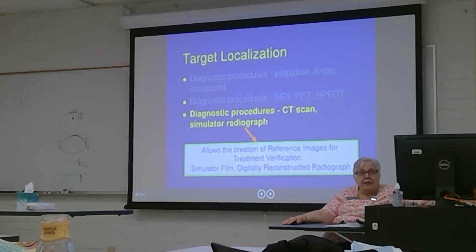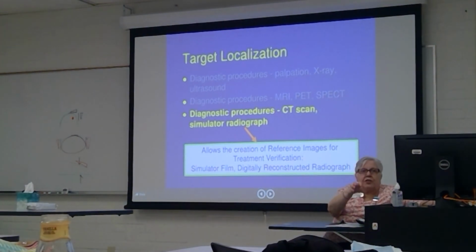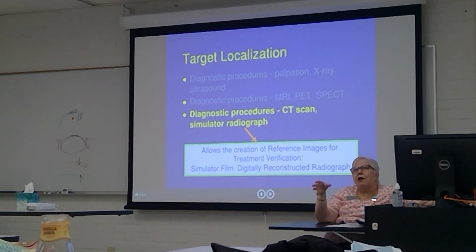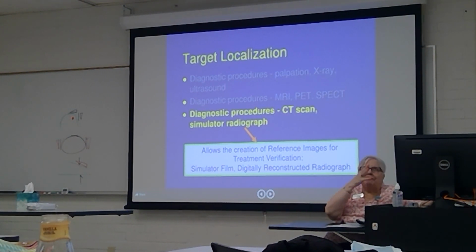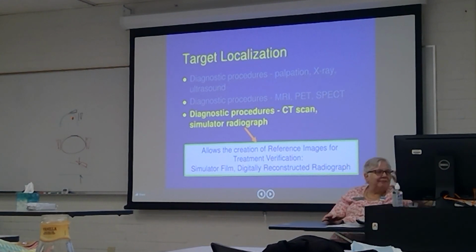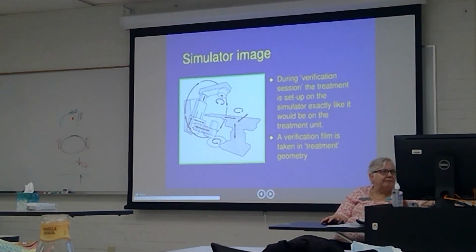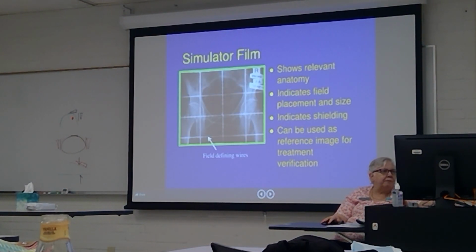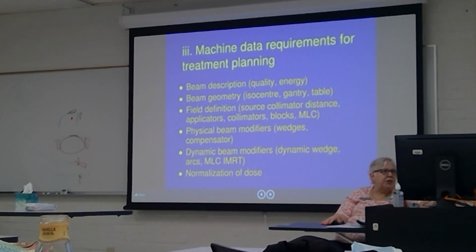Dosimetry. CT. Yeah, they come from CT, and dosimetry makes them from CT. So they actually come from dosimetry via CT. There's a simulator image, so we don't want that. Film. Okay, machine data requirements for treatment planning.